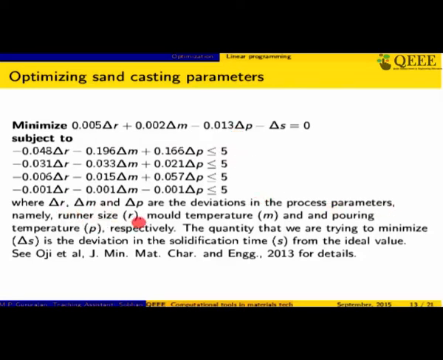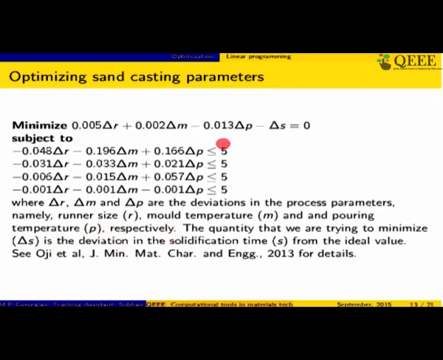Delta R is basically the deviation in runner size, delta M is the mold temperature, and delta P is the pouring temperature. So they are trying to find out the deviations that you can have in these process parameters, which will minimize the solidification time. Delta S is basically the solidification time.